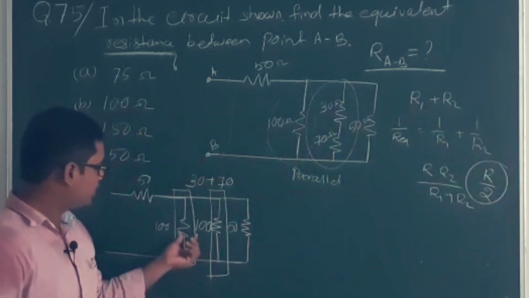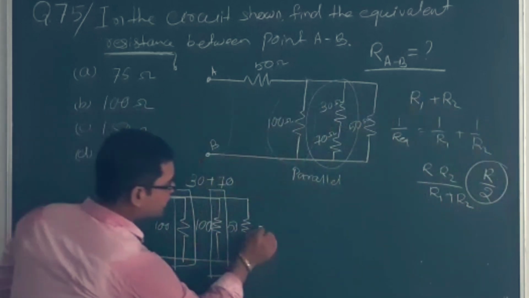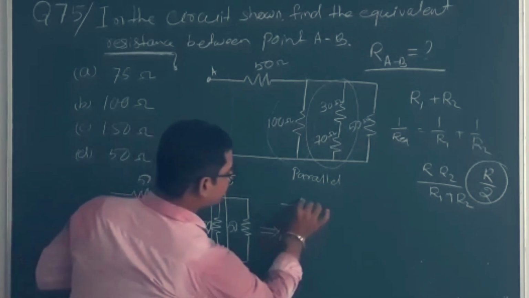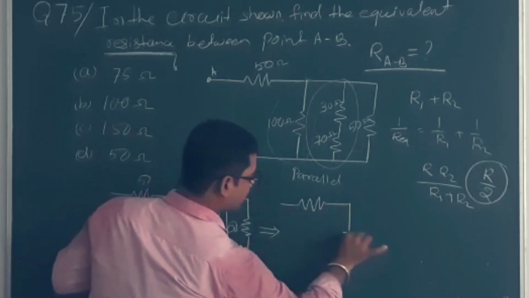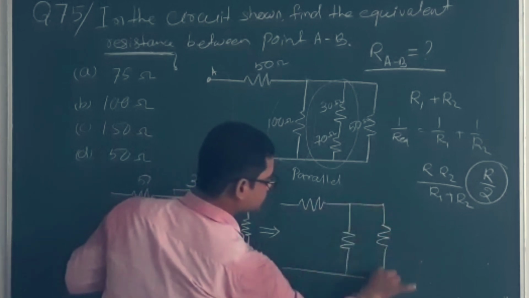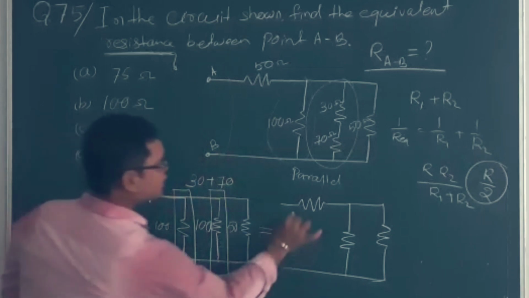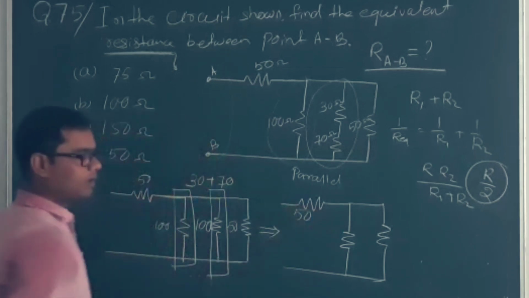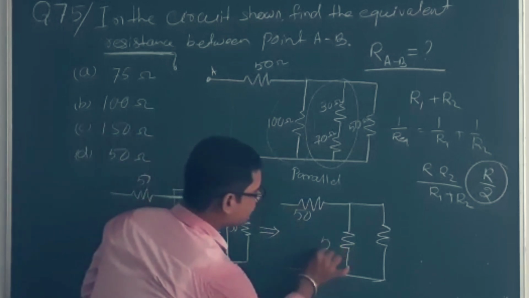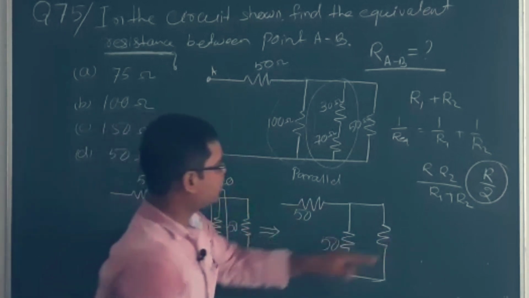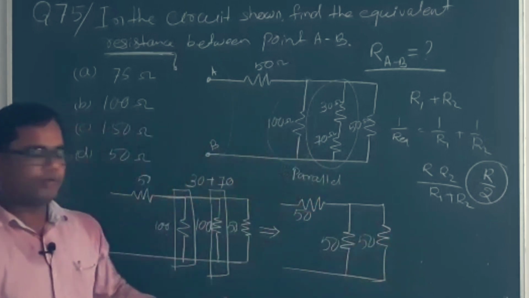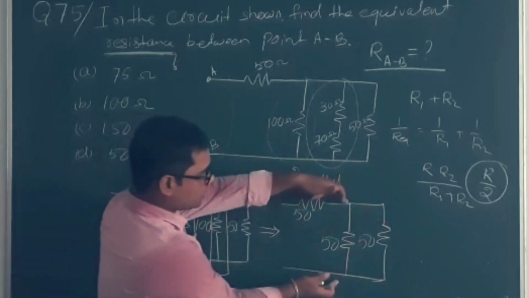So after solving this circuit, we again get 50 ohm here, and here only one resistor, which is 50. So 100 and 100, R by 2, is again 50, and this is also 50. Now these two are parallel, 50 ohm and 50 ohm.